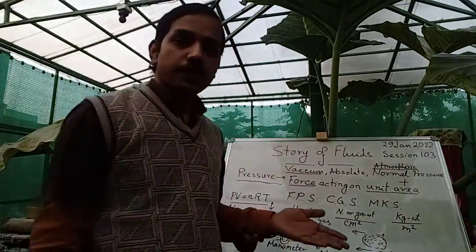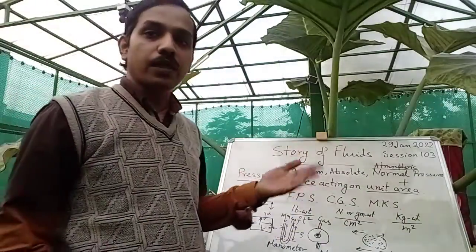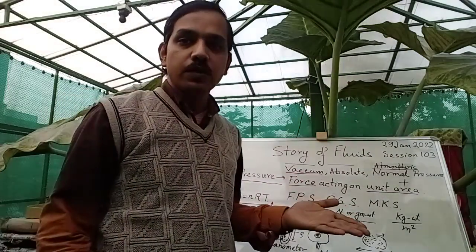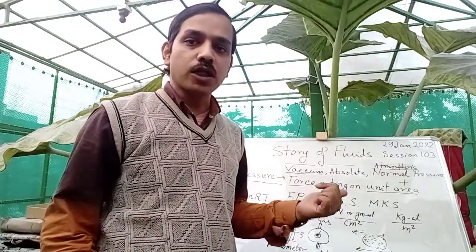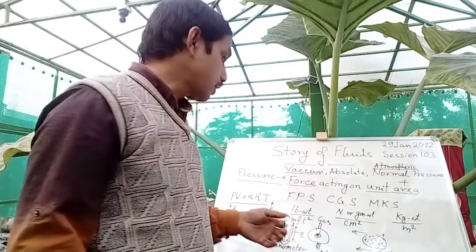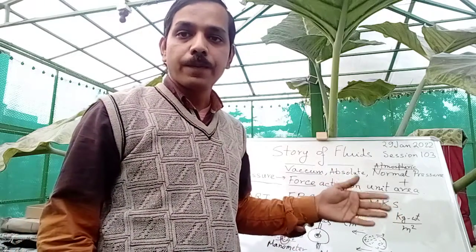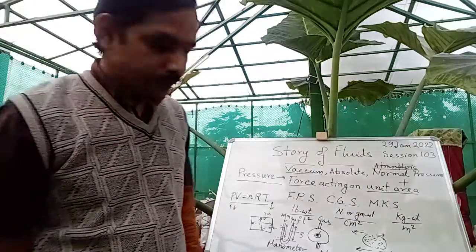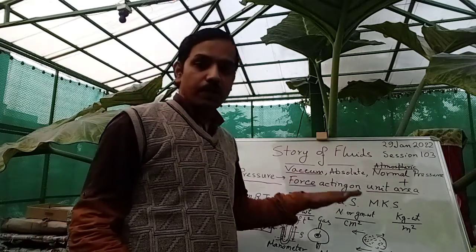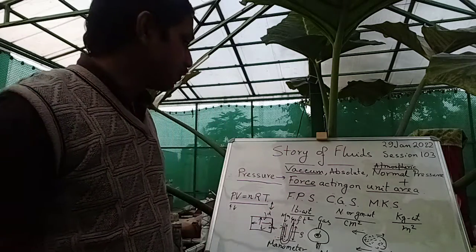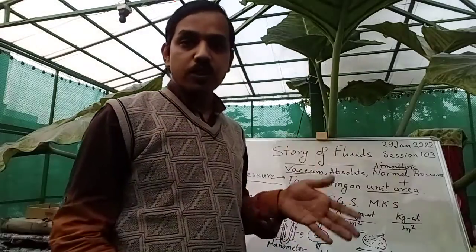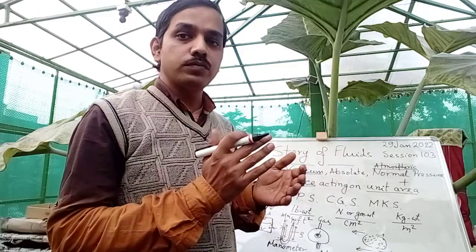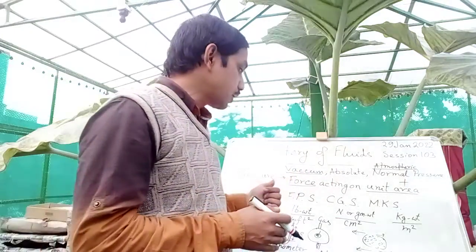We try to maintain this pressure, and if something is happening, increasing or decreasing beyond the safe limit, we can just turn on or turn off the valves in the pipeline, and that helps to avoid any disaster. So pressure is a very important parameter that we should measure, understand, and control by keeping the basics in mind.